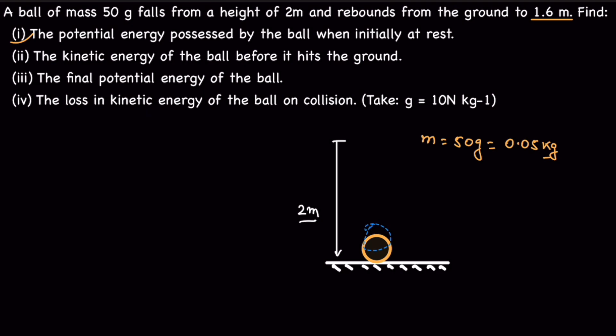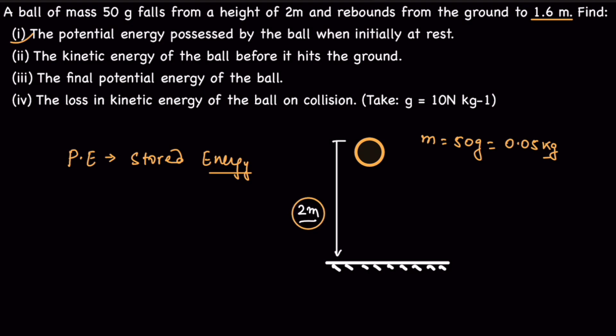It means that when the ball was at the initial position, what was the potential energy? So we know that potential energy is actually the stored energy. So at a certain height, which is 2 meter, some energy is stored in the body.